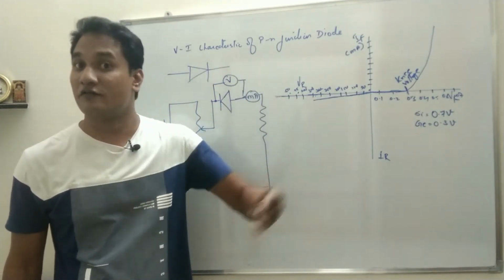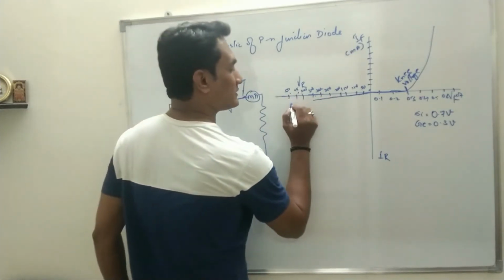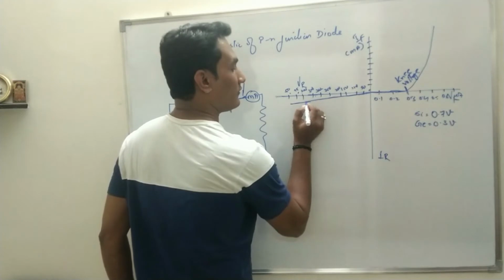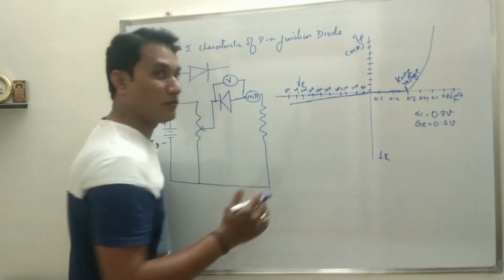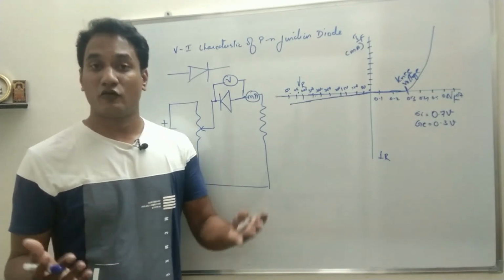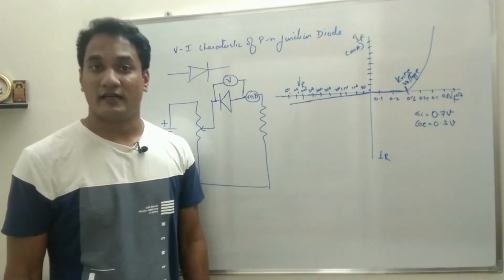The number of free electrons will gradually increase, and at a potential of 50 volt, there will be a large amount of free electrons available. Of course, if free electrons are available, they will take part in the process of conduction.